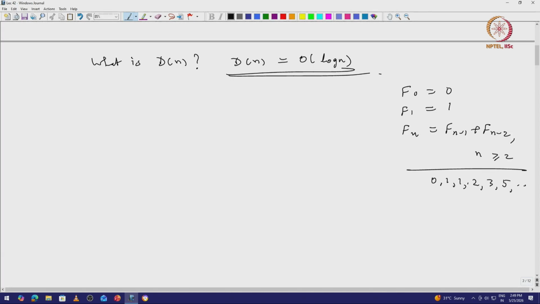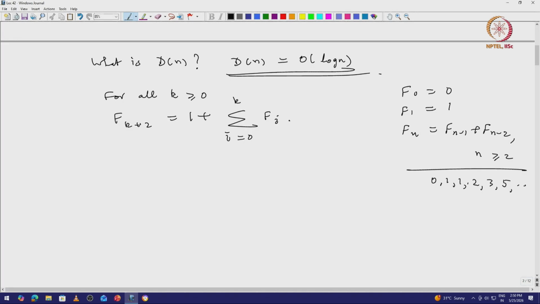The following property: for all k greater than or equal to 0, F of k plus 2 is 1 plus sigma i going from 0 to k of F of i. So add all the terms up to F of k and add 1 to it, you get F of k plus 2.